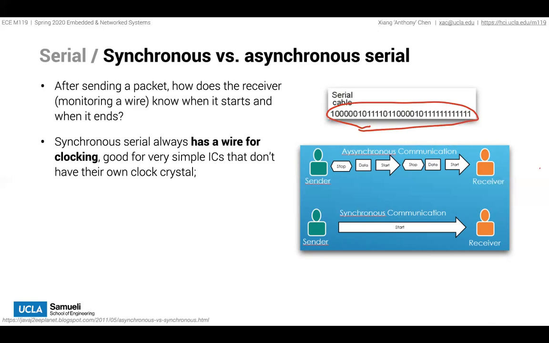There are two ways to do that. You can do it synchronously, which means you will have a clock wire. Assuming this is the data line, I'm going to have another clock line.